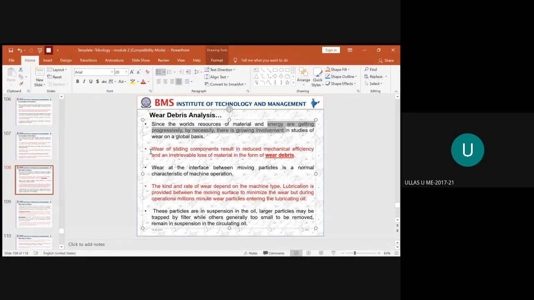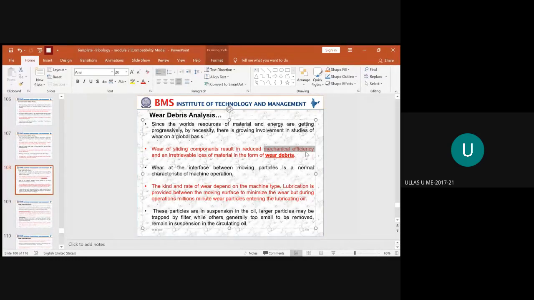Usually, when you have sliding components, the wear of the sliding components results in reduced mechanical efficiency. When you have smooth flow without any wear and tear, obviously you get a good amount of efficiency for that particular mechanical component, which is either sliding or rotating, right?